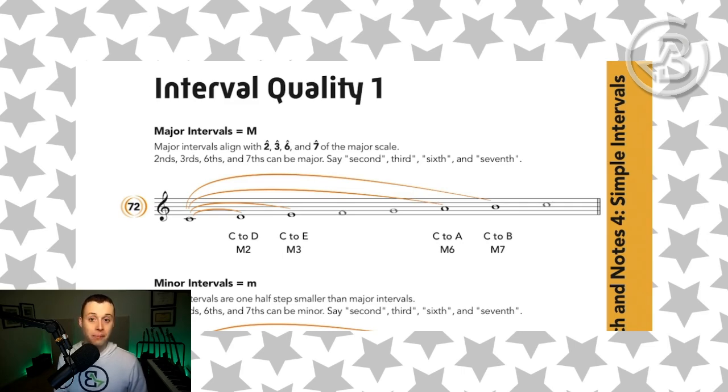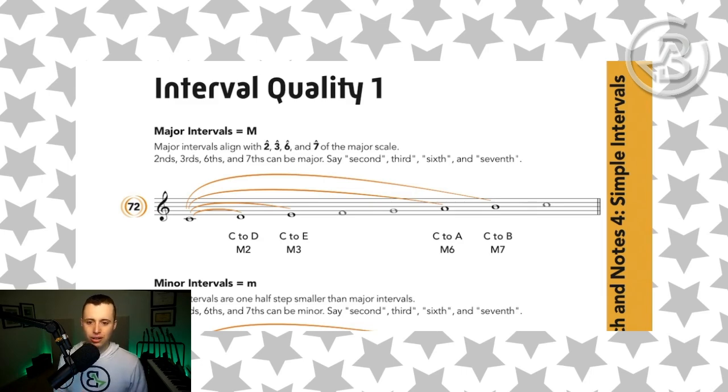When you talk about a major pentachord, the quality of the pentachord is major. When you talk about a minor pentachord, the quality of the pentachord is minor. When you talk about a major scale, the quality of the scale is major. When you talk about a natural minor scale, the quality of the scale is minor.